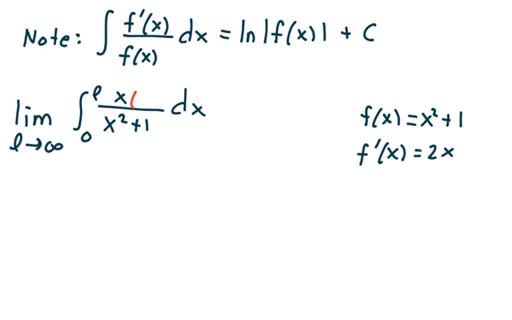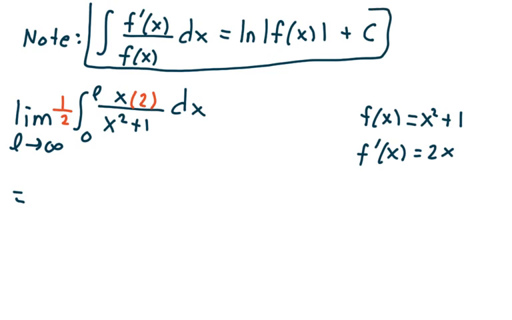I can put the 2 in, but to counterbalance that, I'm going to multiply by 1/2. So I multiply by 2, I divide by 2, is another way to say it. So now we're set to apply this little formula up here.